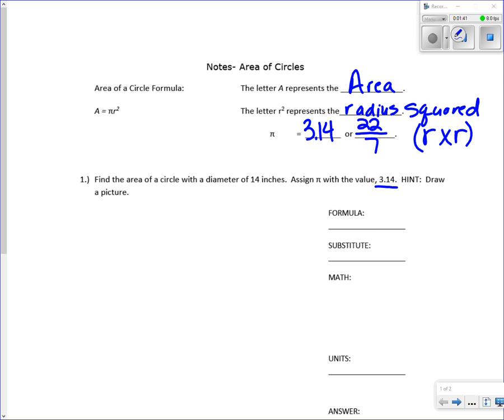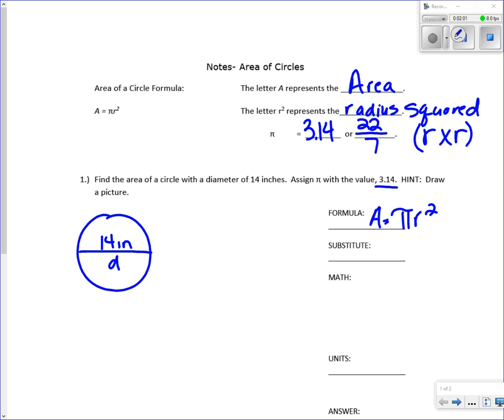So I'm going to start by drawing a picture. There's my circle and it says a diameter of 14 inches. We only have one formula: area equals pi r squared. Because they gave you the diameter, I need to figure out the radius.